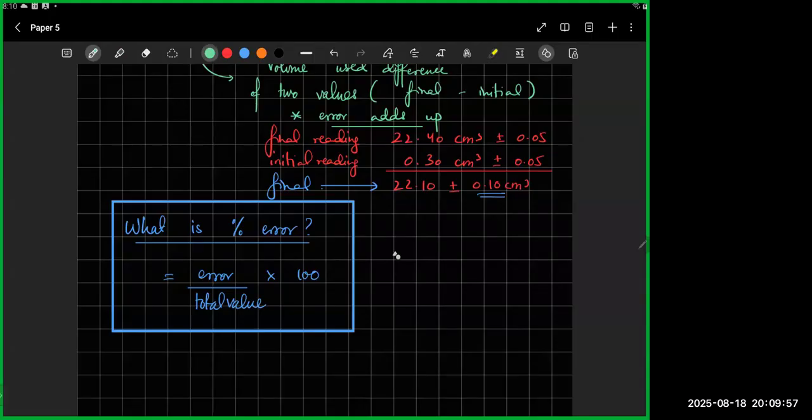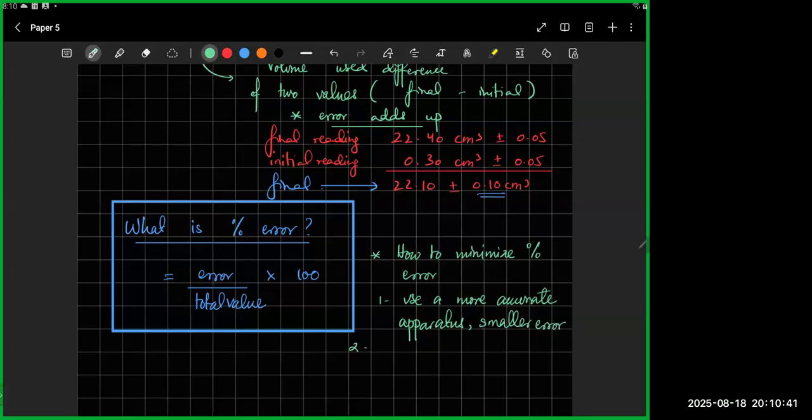So there are two ways of minimizing this. अच्छा, one way is number one, कि error minimize कर लो, ठीक है? To use a more accurate apparatus. So the error would be the smallest graduation divided by 2. So you're going to have a smaller error anyways.